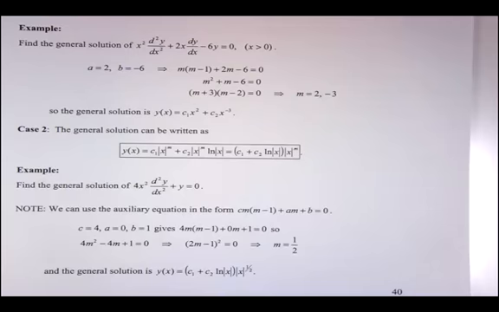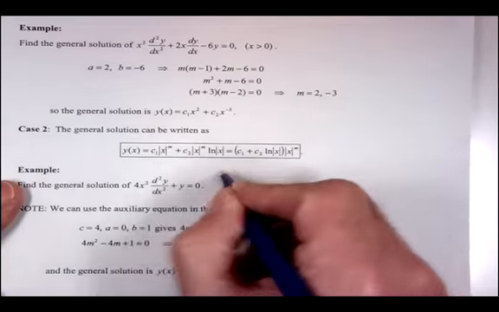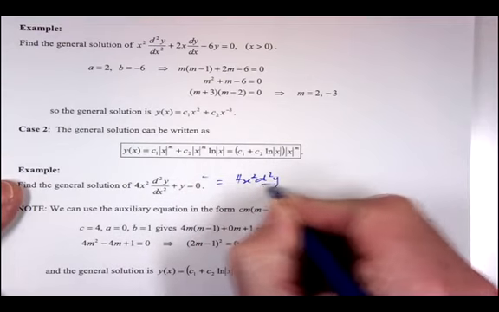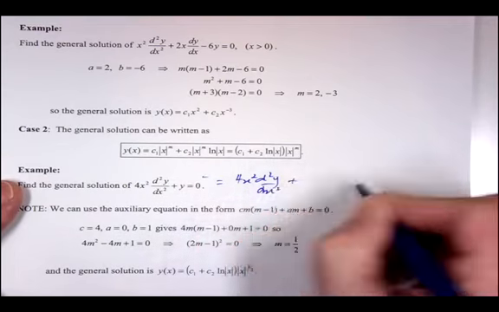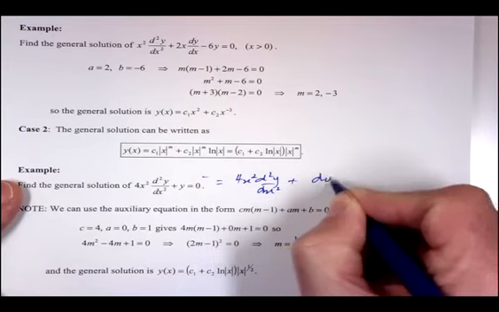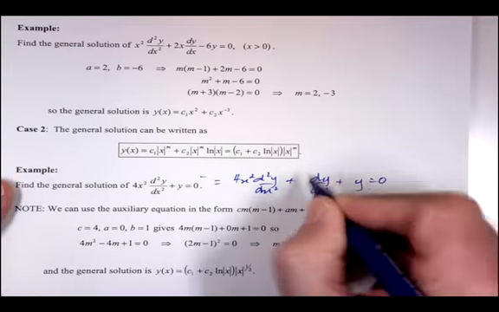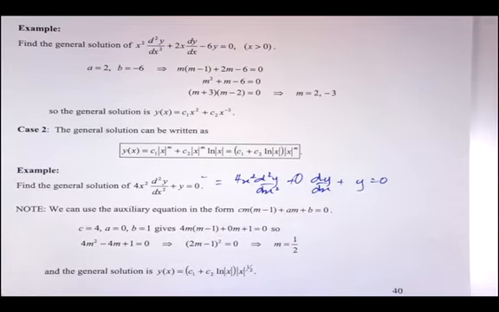Well, I could write this as 4x squared d2y dx squared plus dy dx plus y equals 0 with a 0 in there. That's the same thing, but that wouldn't be Euler-Cauchy.